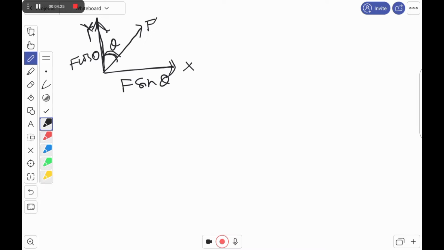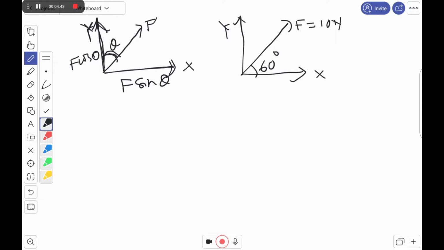Okay. Let me take another example. Suppose this is x and y. Vector f is over here having value 10 Newton. It is making an angle 60 degree with x-axis. Now resolution of this vector f. What are the two components?